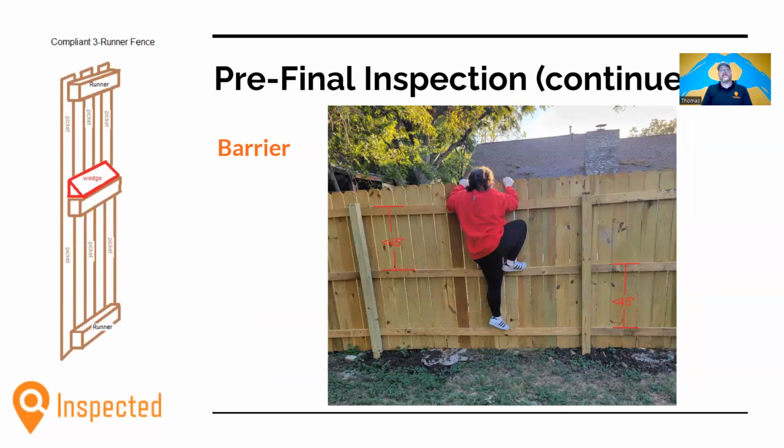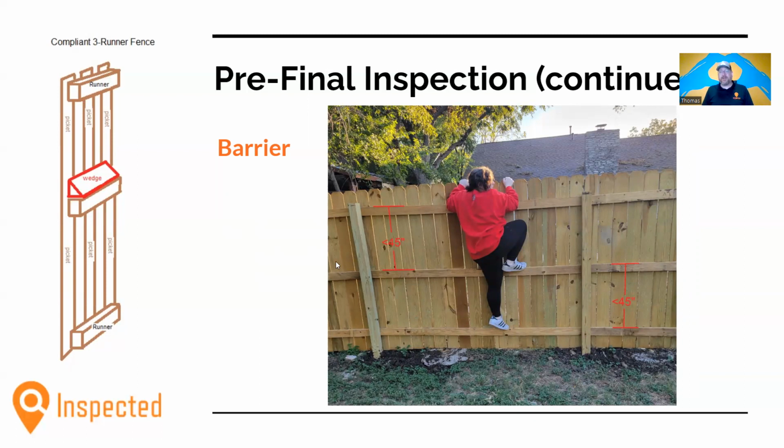What we've also noticed is that there are more and more multiple horizontal runner fences getting put up in this area. A lot of them are coming as good neighbor fences, where you have 8 feet of pickets facing the pool and then 8 feet facing the neighbor. Well, on the back side of that, it could have these 3 runners, which are scalable if they're closer together than 45 inches.